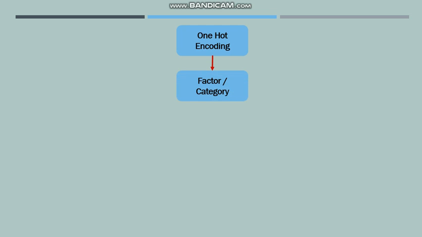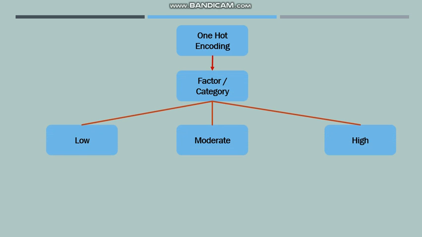One hot encoding is usually used for factor or categorical variables. For example, we have low, moderate and high temperature. Usually we do 0, 1 and 2, or 1, 2 and 3, or if we have colors, blue, green and red, blue for 1, green for 2 and red for 3. If we put these numbers or values in our machine learning model, the model may think 3 is an extreme value or the highest, but that is not possible; blue, green or red should have equal weight.